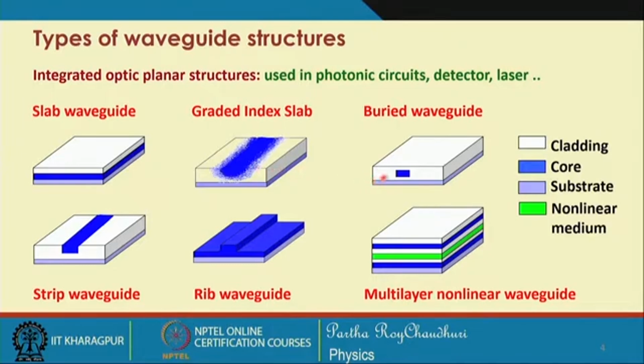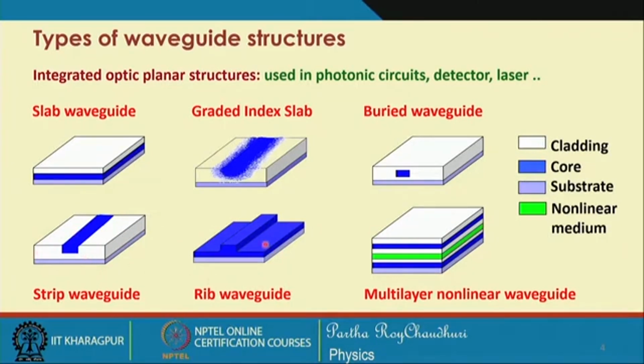Then there could be waveguides called buried waveguides, where the guiding region is embedded inside and there is a substrate, there is a film. These are the colors used to represent the different layers of this strip waveguide.